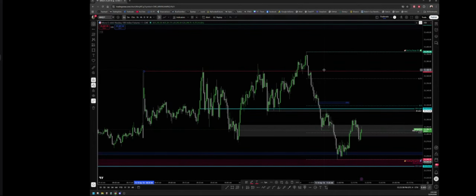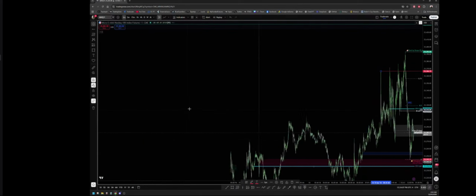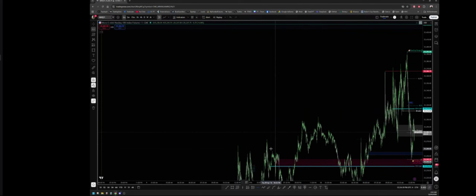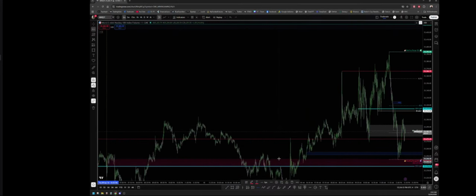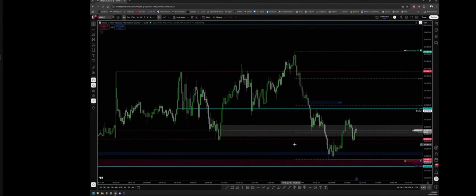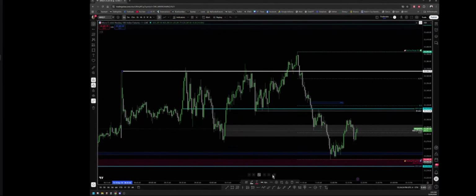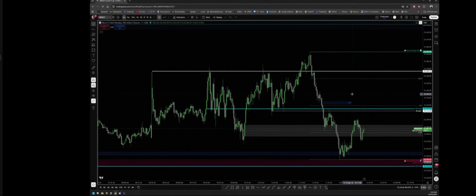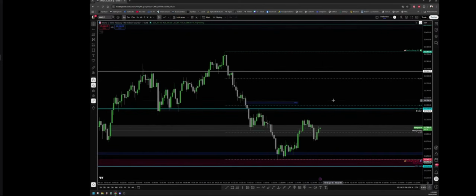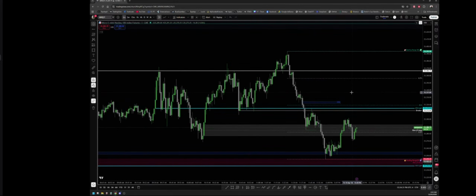Is that the previous day's high? Previous day's high was further down. Which candle? This one. Why I marked this candle high? To see what the market was doing there. Oh, because it's the data high. The news candle's high. Ah, now you got it.